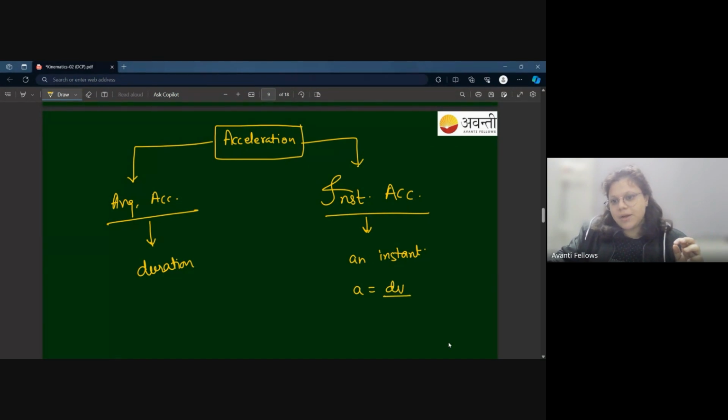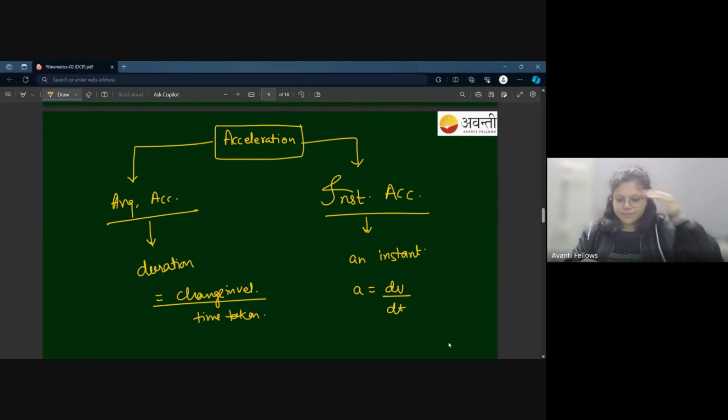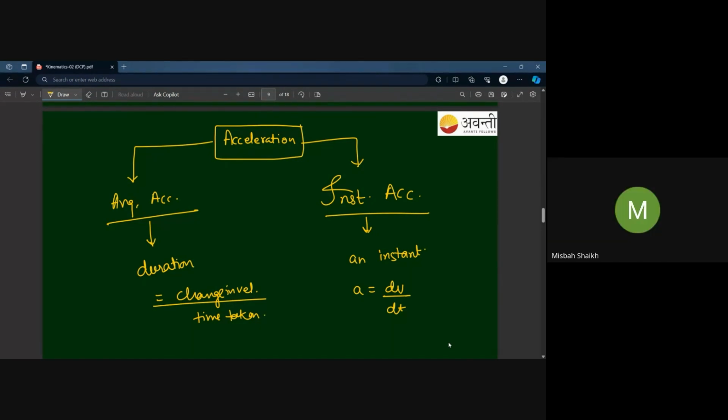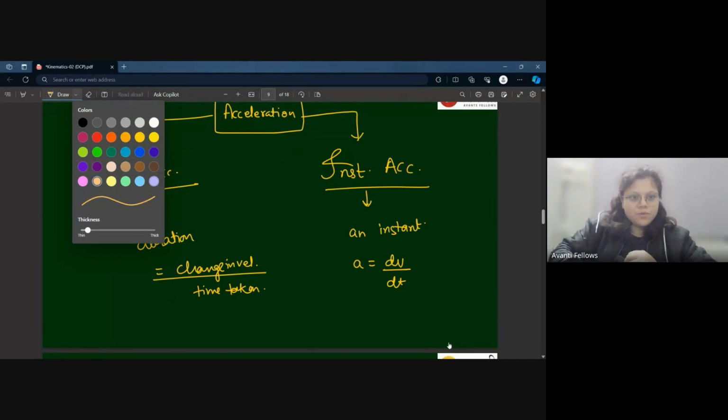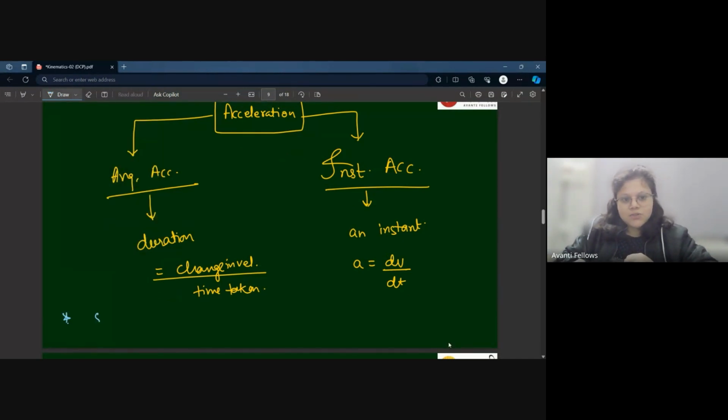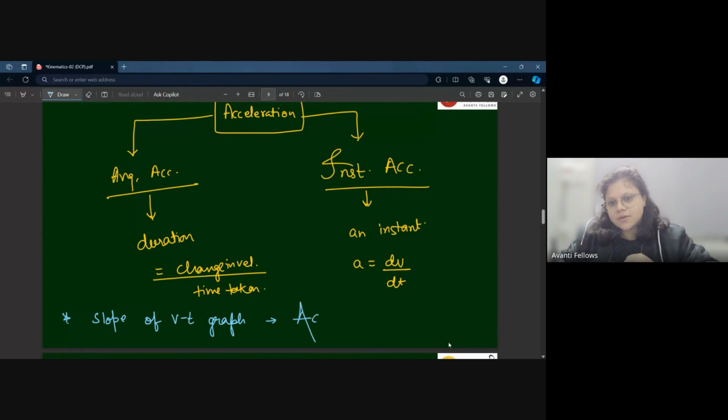Acceleration is dv by dt here, and here it is change upon time taken. You can also add one more point: slope of the VT graph is acceleration.